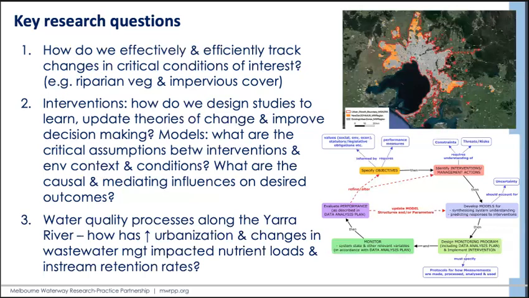In the coming year, we're going to repeat this water quality sampling effort so that we have an augmented data set, and we'll use this to understand what impacts increasing urbanization, but also changes and improvements in wastewater practices have had on nutrient loads and in-stream retention rates along the Yarra River. So a longitudinal study, if you like.